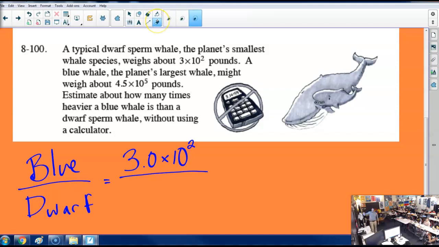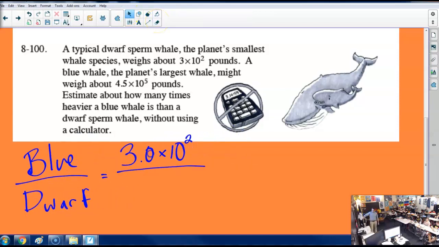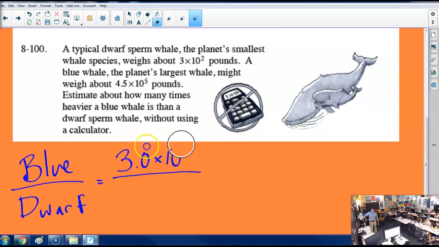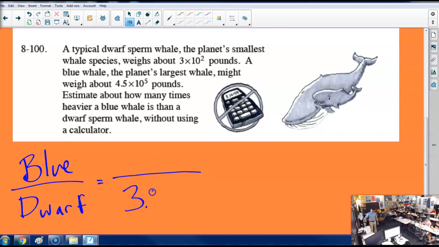Oh, I wrote that in the wrong place. 300 now. And then, can you figure out the shortcut? Can you figure out the actual trick we could apply to solving any problem like this?